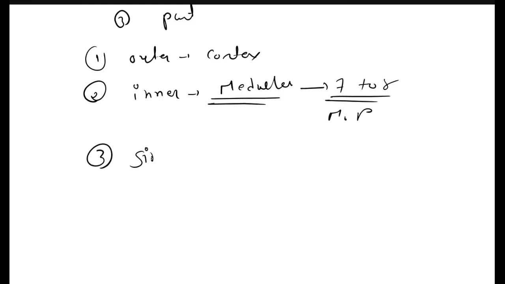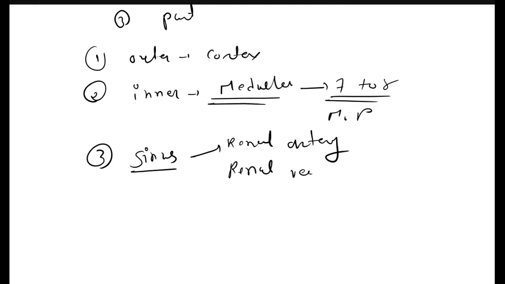Third is the renal sinus, which contains many structures, for example, the renal artery, the renal vein, then the pelvis, and the calyx, major calyx and minor calyx.